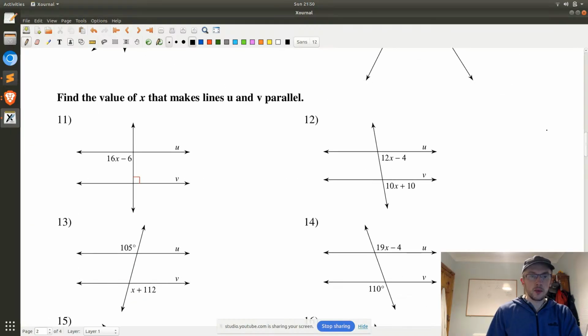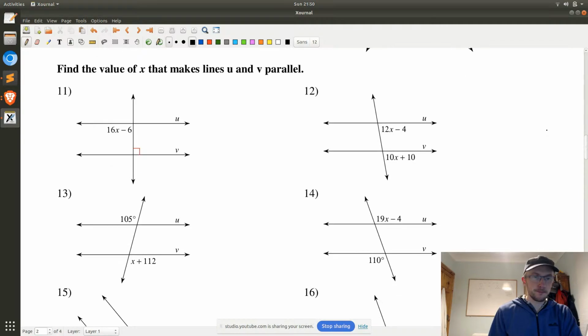Now find the value of x that makes lines U and V parallel. 16x take 6 would have to equal 90 degrees, as it would have to be alternate interior angles.